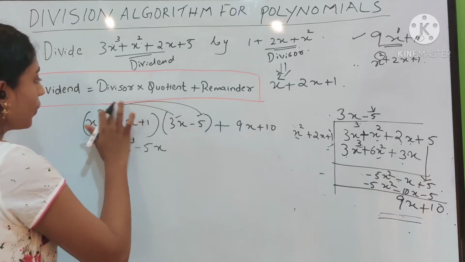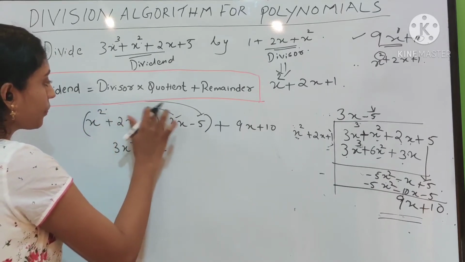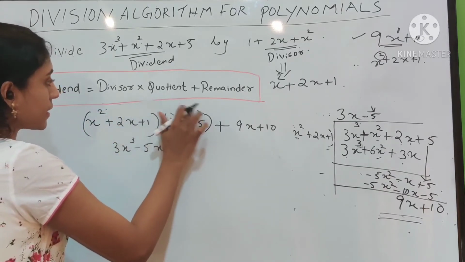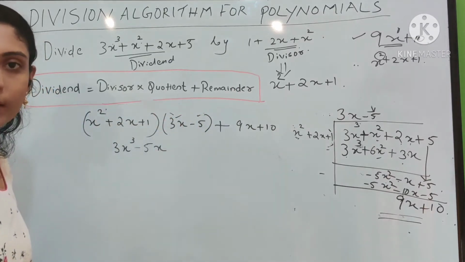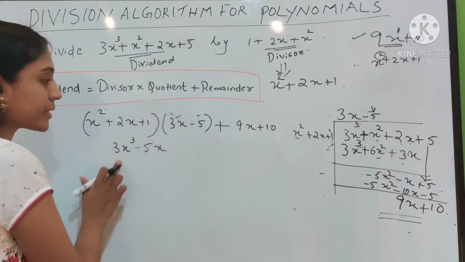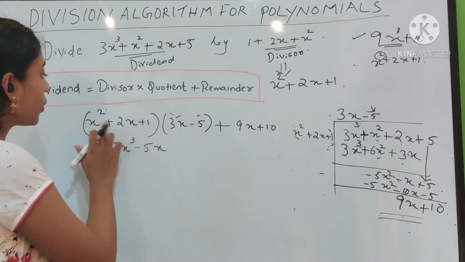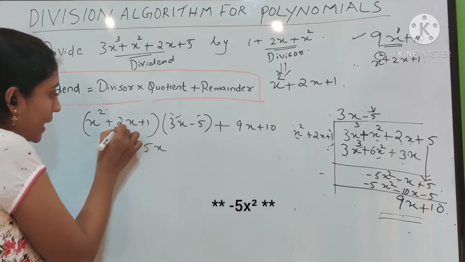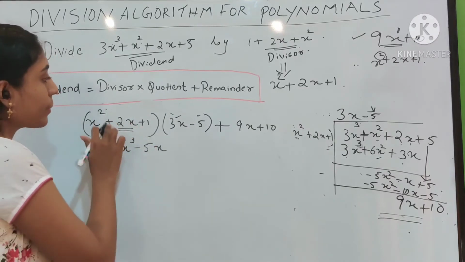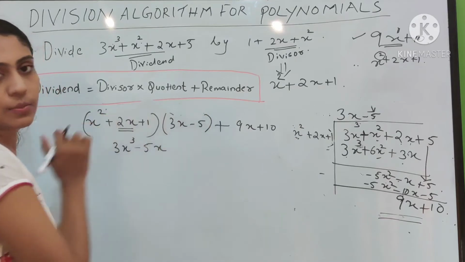Understood? So we performed multiplication for the first term of both the equation, 3x minus 5 and x square plus 2x plus 1. So x square into 3x, it is 3x cube. Then x square into minus 5, it is minus 5x. Then take the second term of the divisor 2x and multiply with 3x and minus 5.